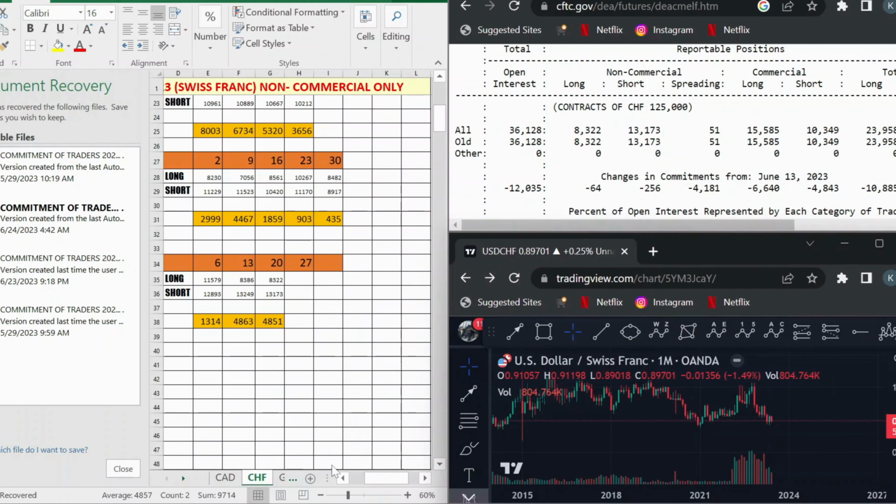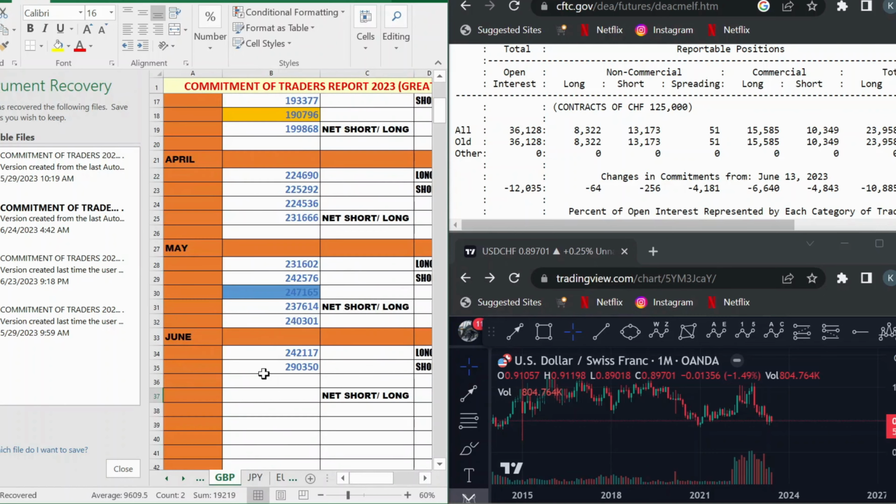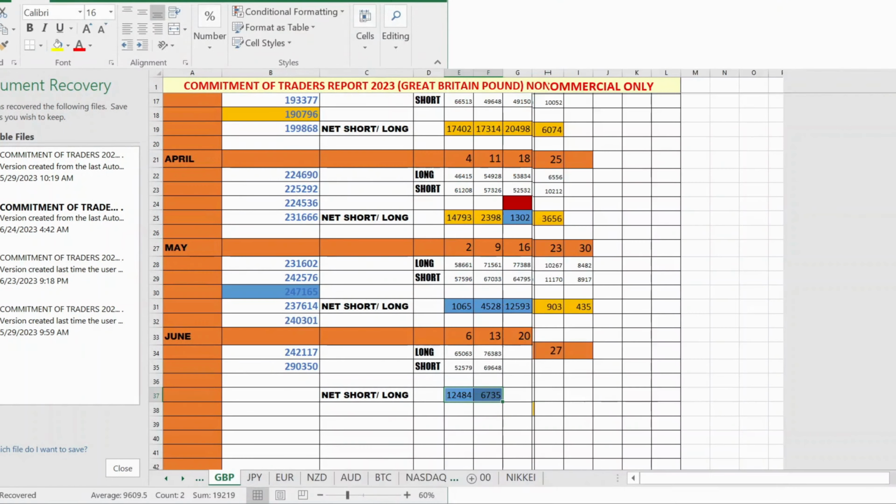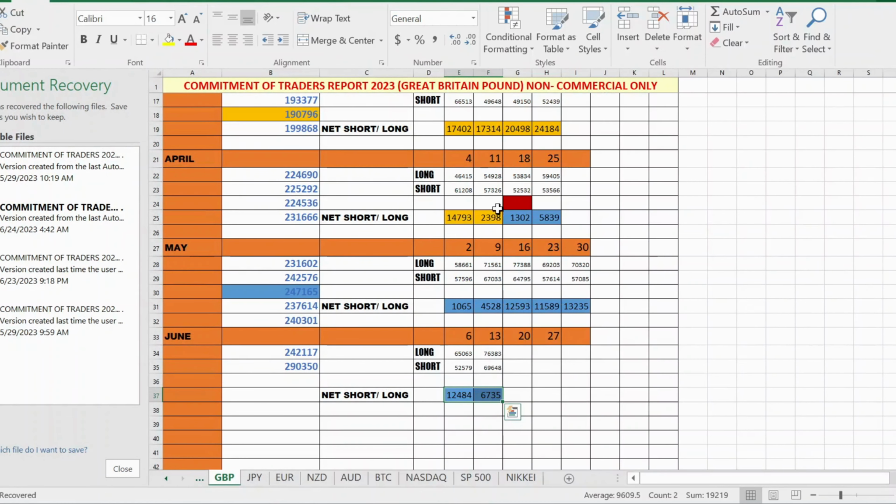So as I was saying, for the pound, there was a shift in market sentiment on 18th April from short to long, when these non-commercial traders started heavily buying the pound. And as you can see, the net long difference has been increasing ever since.